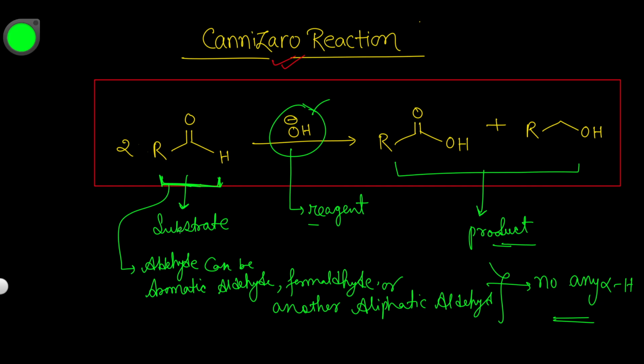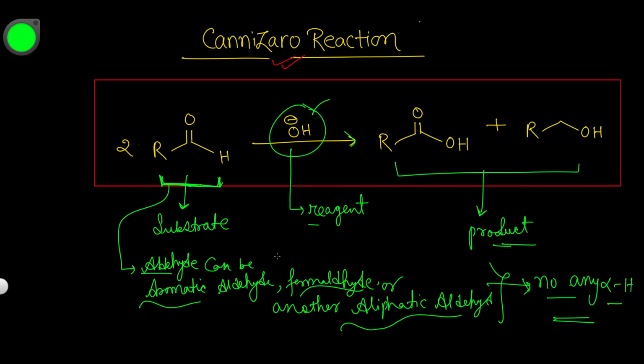Check the substrate: if it is an aldehyde, it can be an aromatic aldehyde, formaldehyde, or any other aliphatic aldehyde, and the most important condition is that the aldehyde should have no alpha H, and we have a base OH minus. Then we can say this reaction is a Cannizzaro reaction.